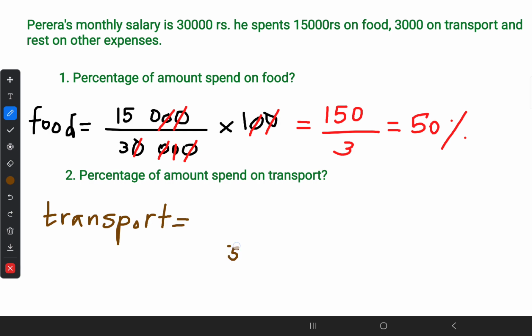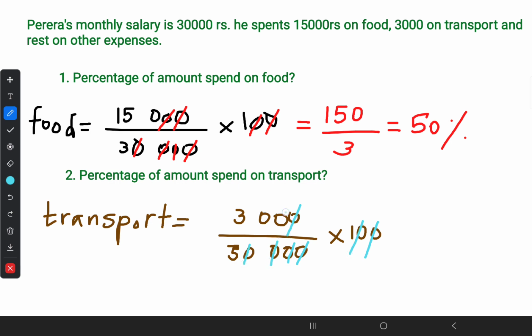So in his total salary of 30,000, he is spending 3,000 rupees on transport. Multiply this with 100. Do the simplification of the zeros. Then you will have 30 in the numerator and 3 in the denominator. 30 divided by 3 will give you 10 percent.